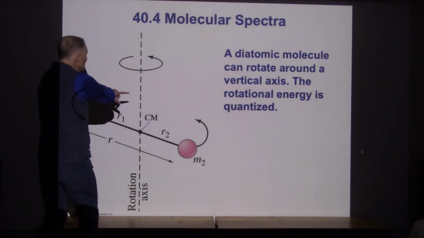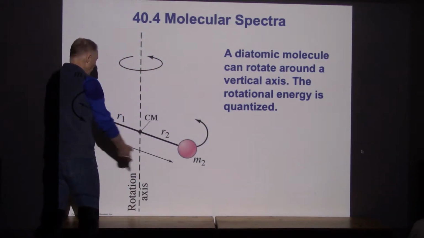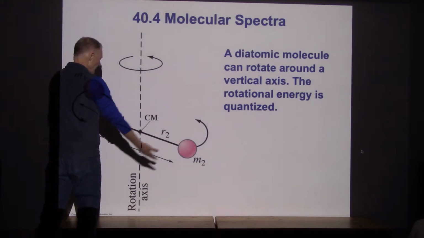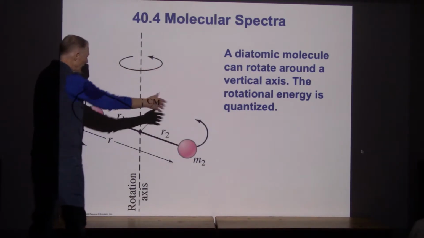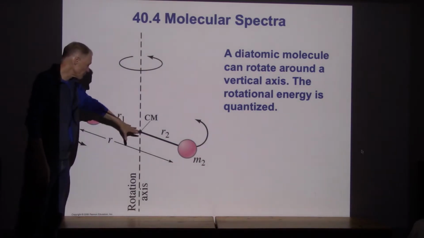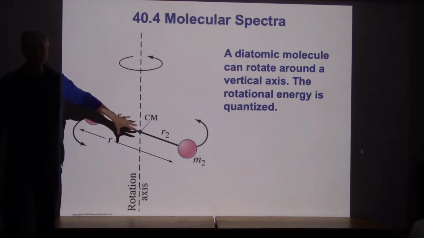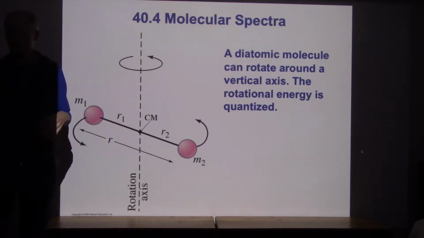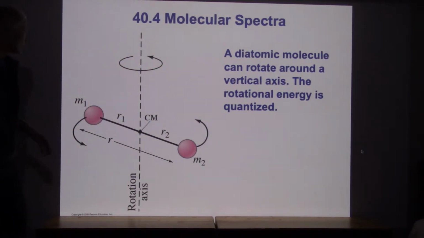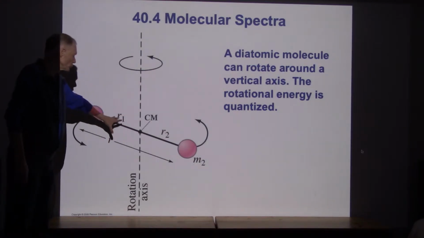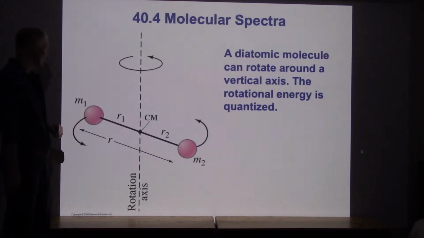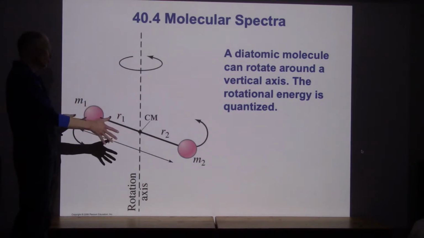We're going to have an electron cloud, a bunch of electron wave functions that envelop these two nuclei. And in order for a chemical bond to be here, there's got to be a good amount of electron probability density in the region between the two nuclei. That's what we saw in the previous lecture. So we're going to kind of ignore the electrons.